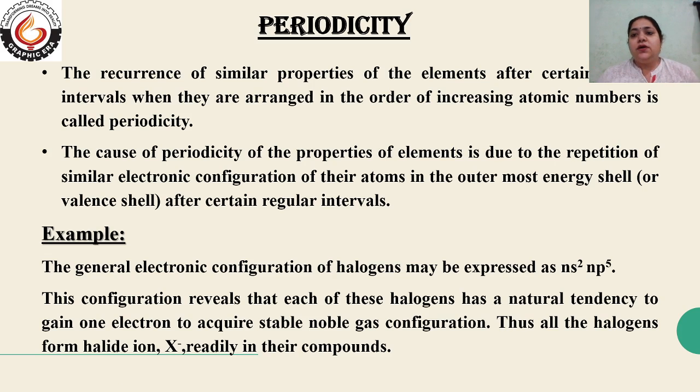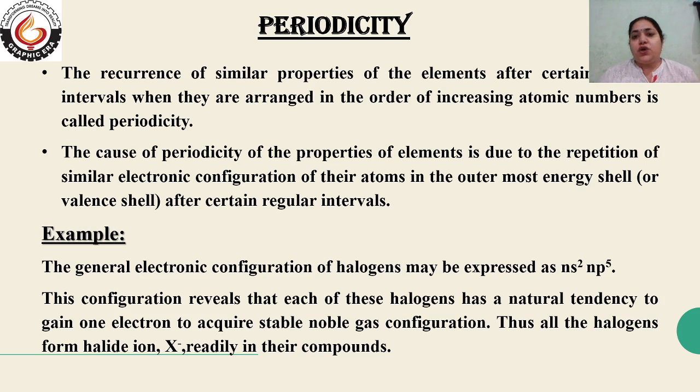That means in the periodic table, after certain regular intervals, all the physical or chemical properties get repeated, and that is known as periodicity.